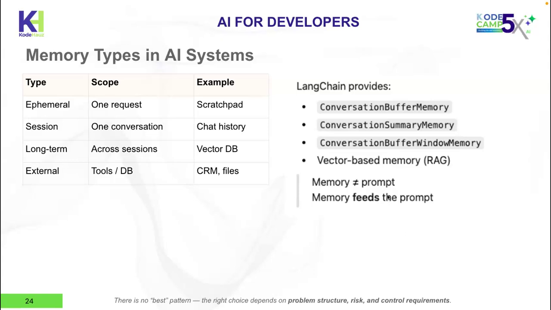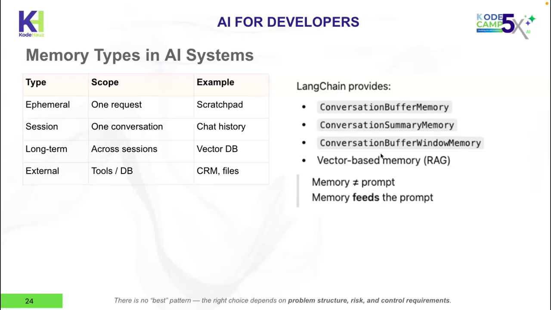So all of this can constitute memory, in the overall definition of memory. And when you talk of memory, memory is not the same thing as prompt, right? But memory can be used to augment or feed the prompt. And it's very important for you to understand that in the context of the context window, the size of the context window, right? If it is too much, then of course your LLM will begin to complain.